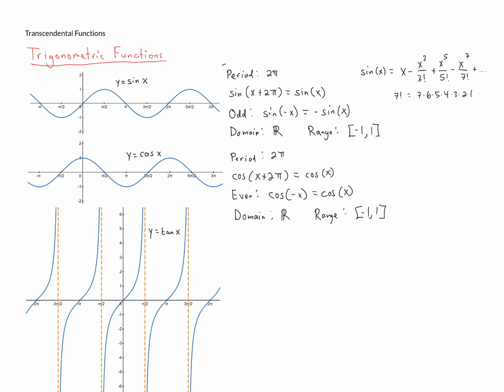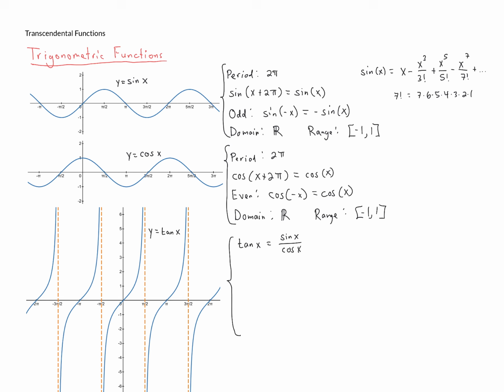And just to clean things up, I'm going to put some brackets in here so you can see which of these correspond to sine and cosine, and then whatever we end up doing down here will correspond with tangent. So we know that tangent x is sine of x over cosine of x. In fact, I'm going to write that here. Sine of x over cosine of x.